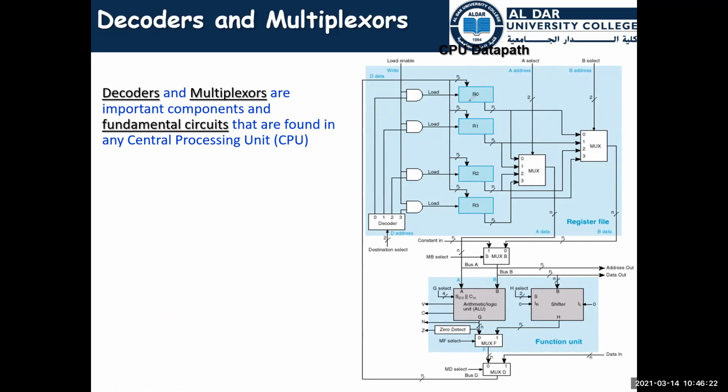If you look here, we have register 0, register 1, register 2, and register 3. These registers are the registers of the processor.